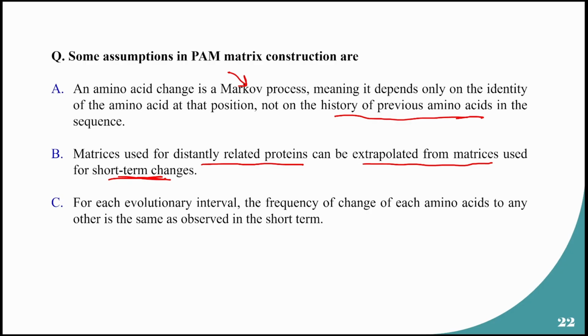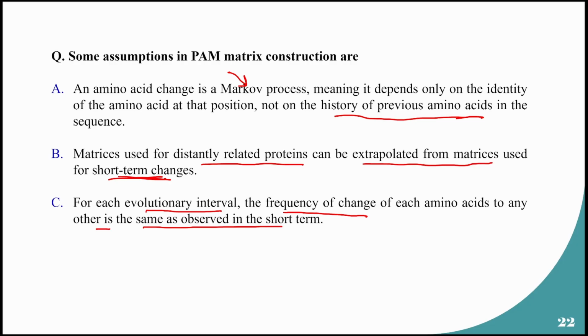And then again, it considers that for each evolutionary interval, the frequency of change of amino acids to any other is the same as observed in the short term. So, for example, if you take an evolutionary period of millions or billions of years, for those intervals you will see whatever was calculated for the short-term amino acid changes.